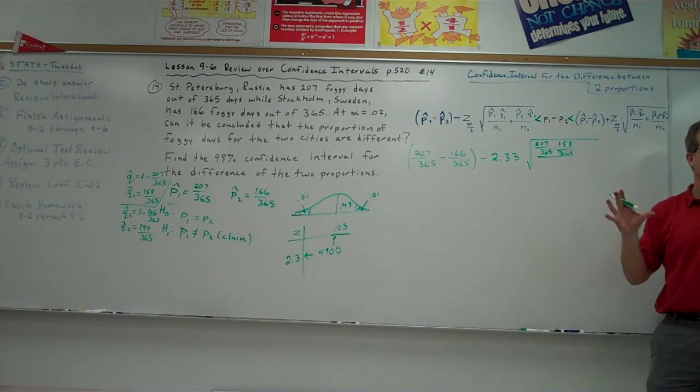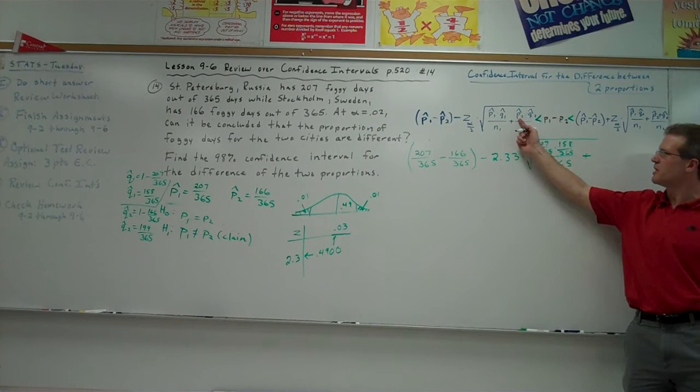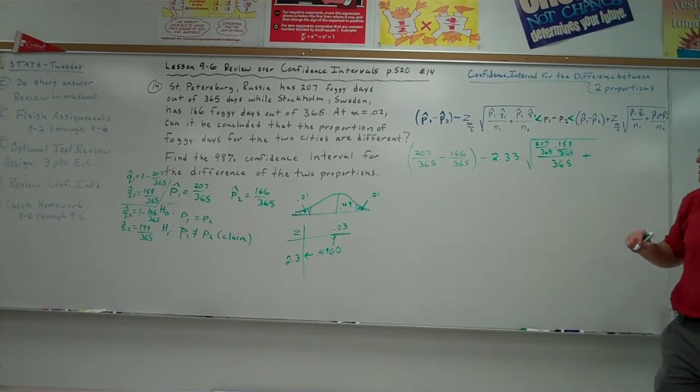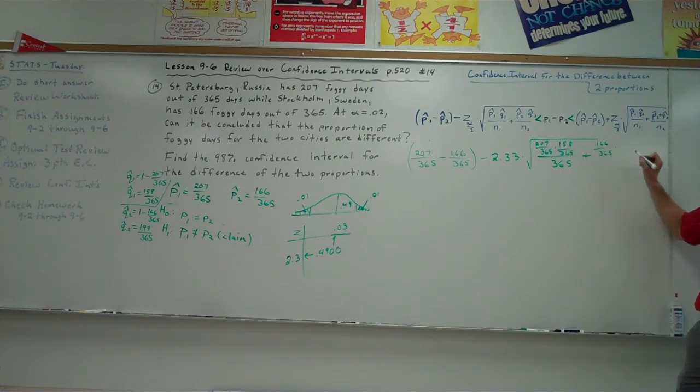What's the total number of sample days? 365, yeah. Plus, right here now I'm going to do p hat sub 2. P hat sub 2 was 166 over 365 times q hat sub 2, which was 199 over 365, all over n sub 2, which is again 365.